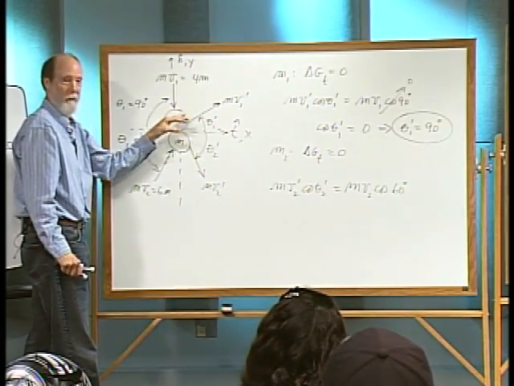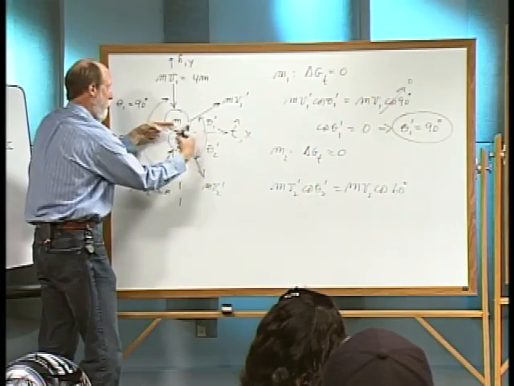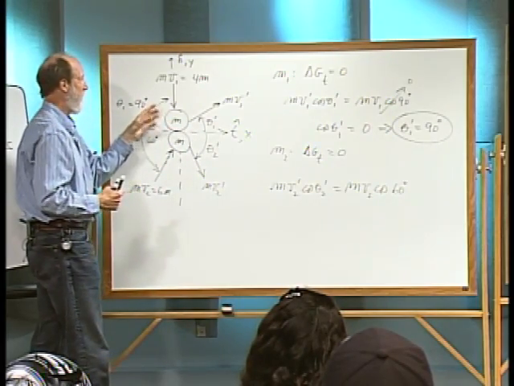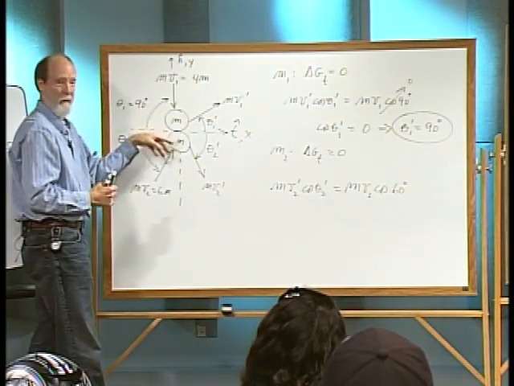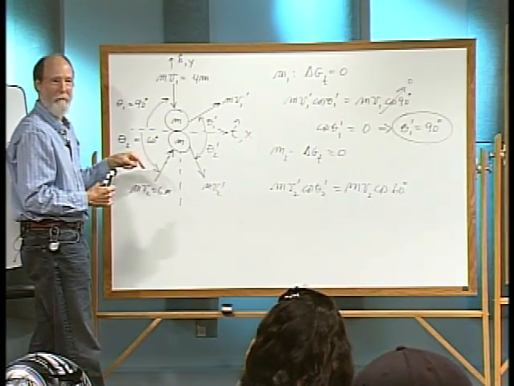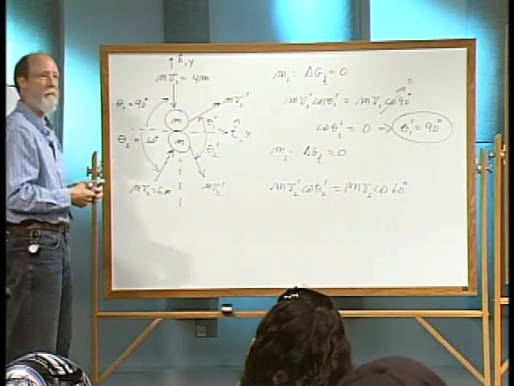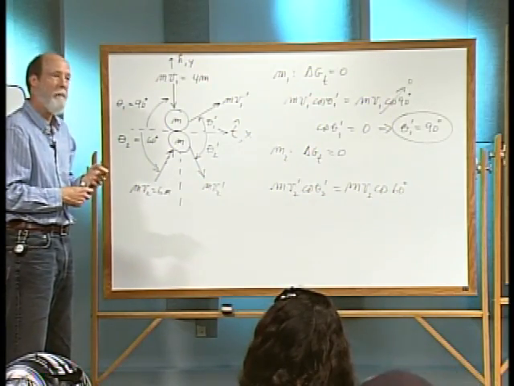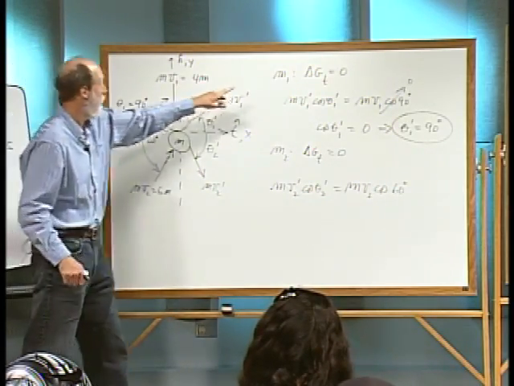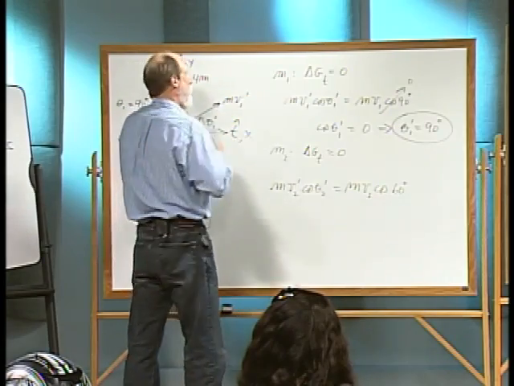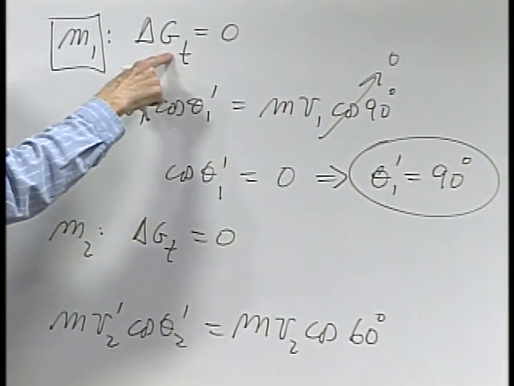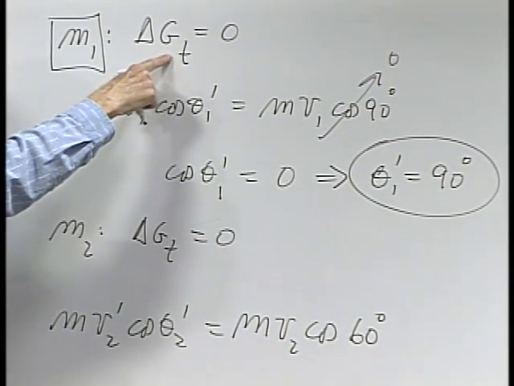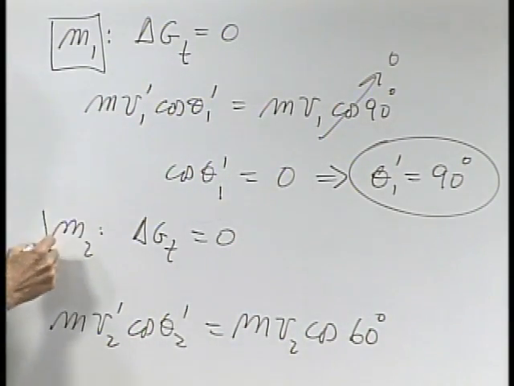So there's conservation of momentum, and the reason is there's no impulse in the system in that direction for either mass. So you're not looking at the system? No, we're looking at each individual mass. That's why I labeled this M1. M1's conservation of linear momentum in the tangent direction, and similarly here for M2.